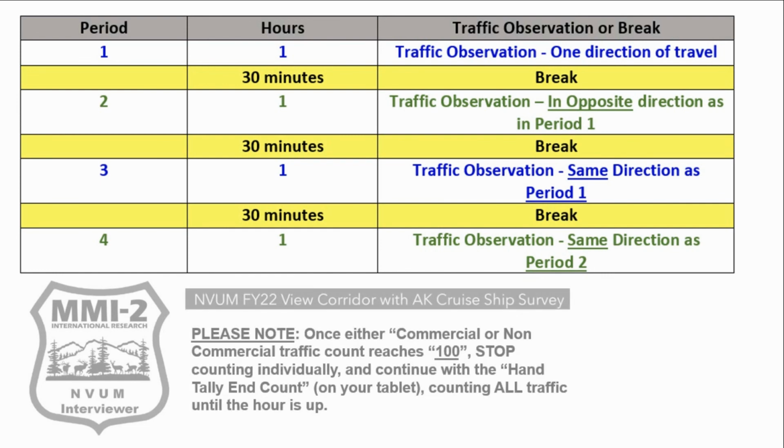And then also just keep in mind that you're counting commercial and non-commercial traffic until one of them reaches 100, and then you're going to go to the hand tally end count and continue counting all traffic for the rest of the hour.